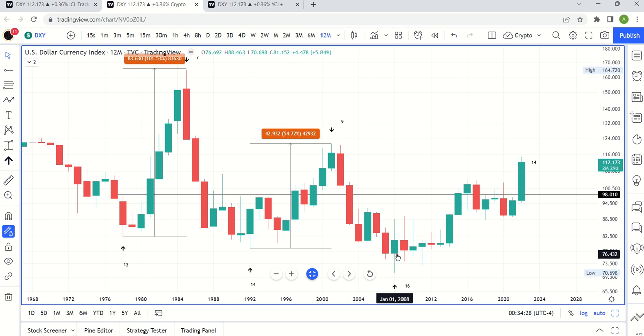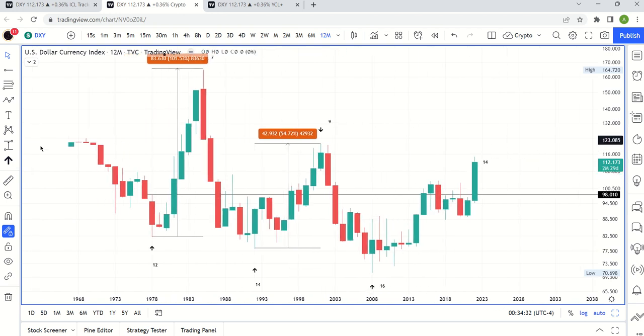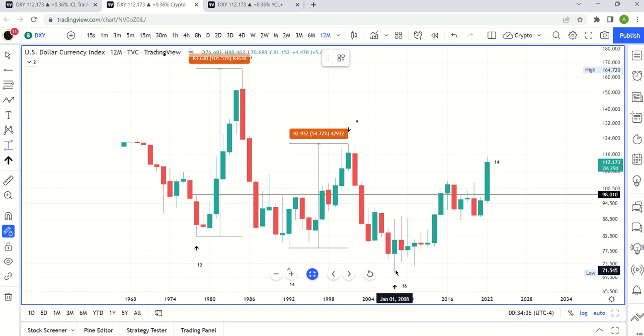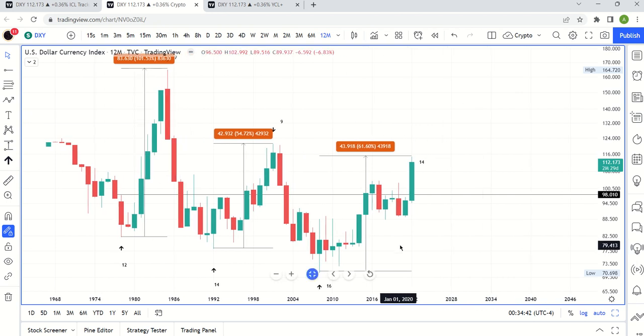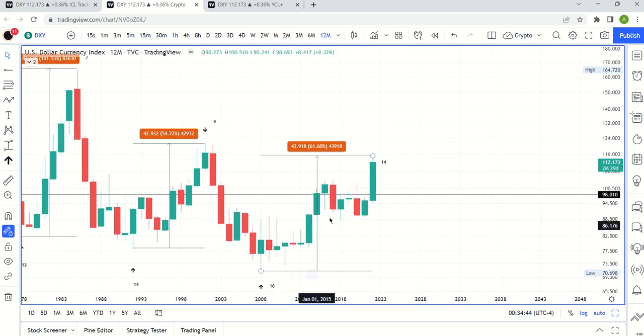Again, these cycles aren't going to work perfectly, like it has to be exactly 15 years, for instance. And now that takes us to where we are right now, right? So we are right now on year 14 of the current 15-year cycle.